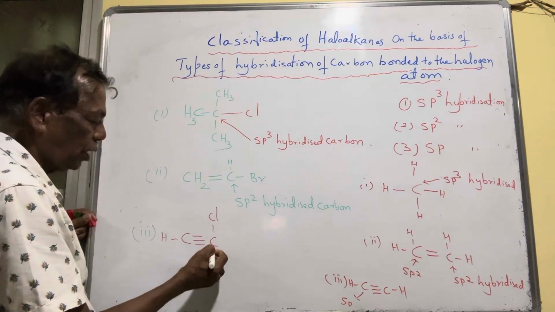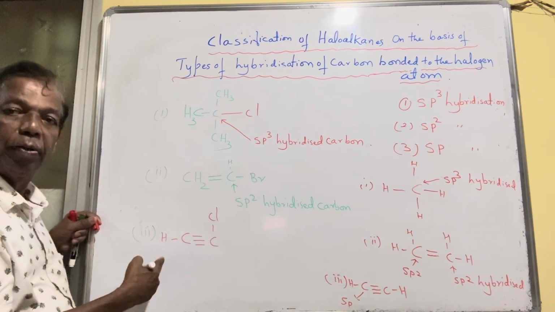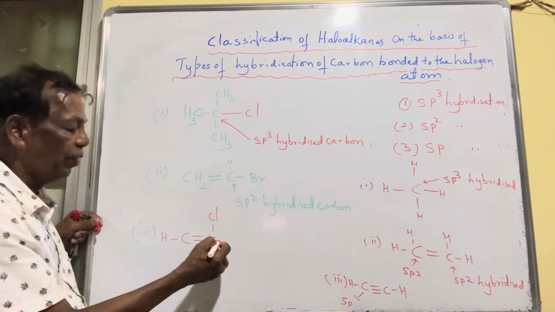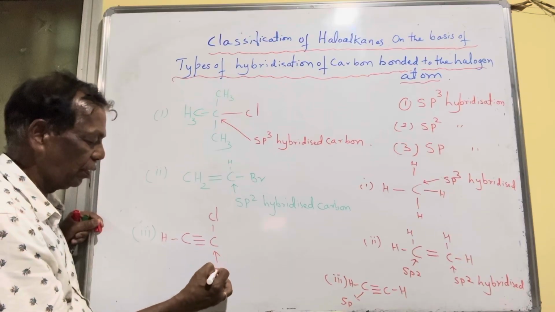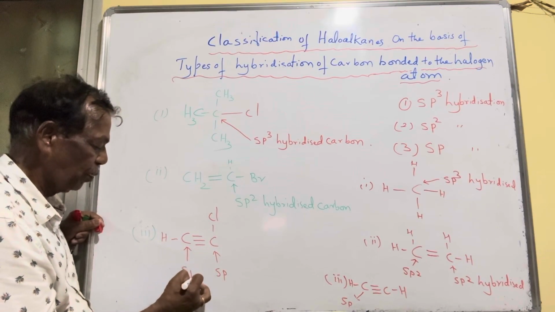Okay. Now this carbon is 1, 2, 3, 4. 1, 2, 3, 4. So all the bonds are satisfied. Then these two carbons are said to be sp hybridized. This is also called sp hybridized.